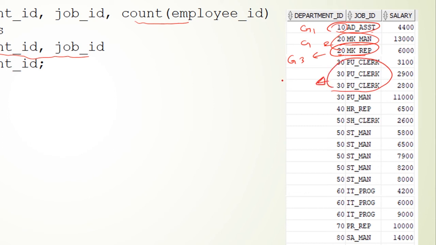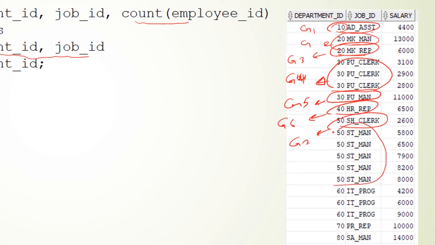Rows that have the same department and the same job are in the same group. This is group 5. In department 40, there is only one job ID. This is group 6. Department 50, this is group 7. Estima 50, this is one group.